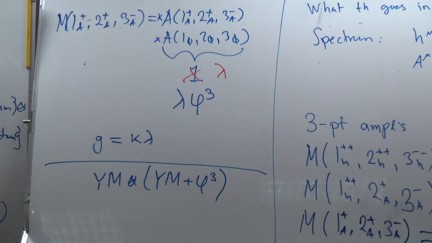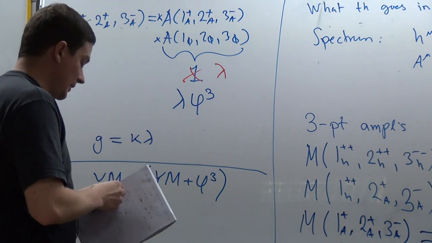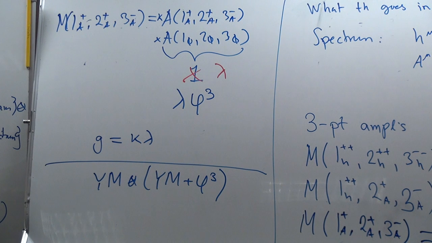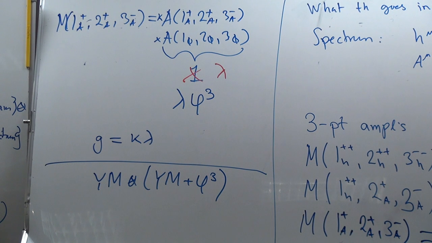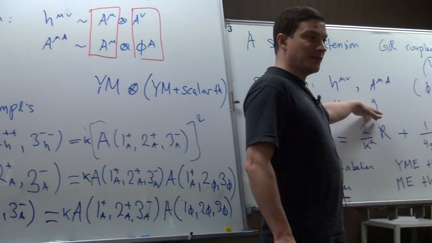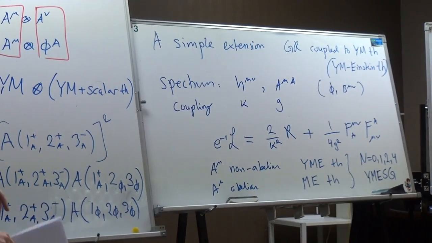But is that because you want to have minimal coupling on the gravity side, or, if you change that, would you modify the gravity Lagrangian to something? Well, if you look at this theory, there's not much freedom. It's a gravity theory and a Yang-Mills theory, so they're pretty much fixed by symmetry. No, I just meant you could have R squared, R to the fourth.